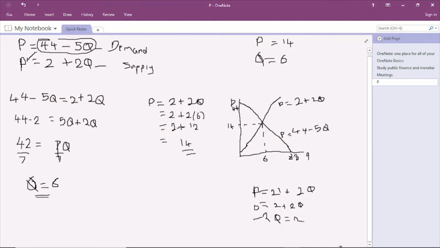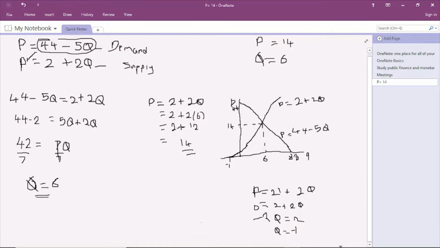So you have 2, then Q, then you're going to have negative 1. So what is Q? Q is negative 1. So suppose you were to draw this line further, then our negative 1 is going to be somewhere here. This is where the supply starts from.